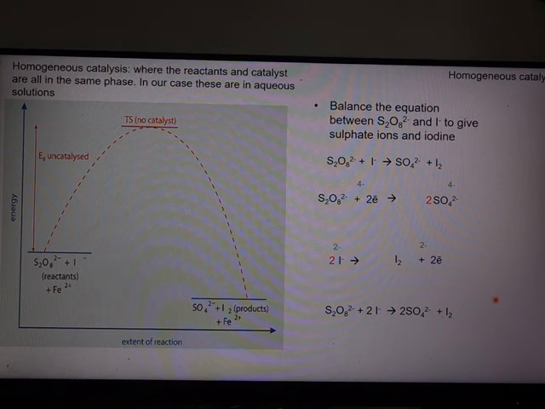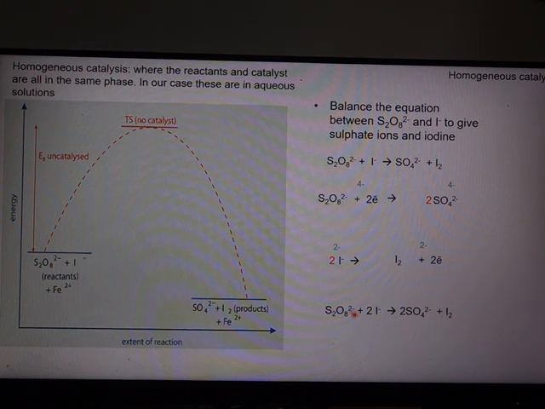So that's the equation. From this chemical reaction, one of the questions they always ask you is why does it have a high activation energy? This can be answered by looking at the reactants. We know that for a chemical reaction to occur, you need to have collisions between the particles.